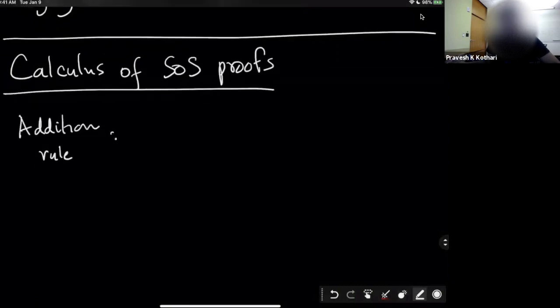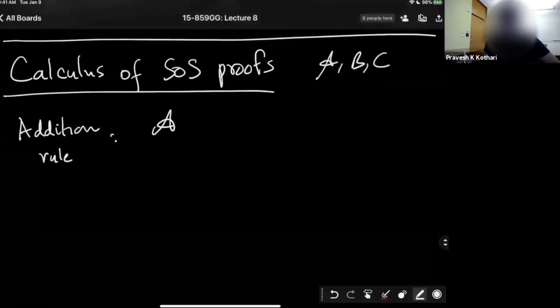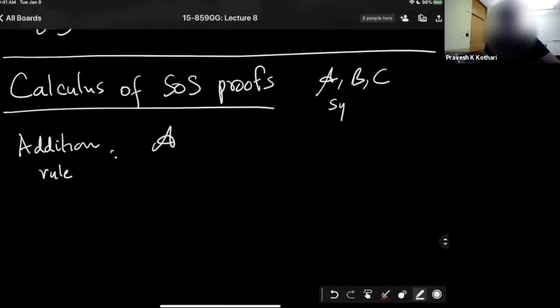So the addition rule states the following: suppose a system A. So in the system, A, B, and C would be just systems of polynomial inequalities. So suppose we have a degree L sum of squares proof that A derives F bigger than or equal to 0 and also G bigger than or equal to 0. Here is how we'll write that, okay?